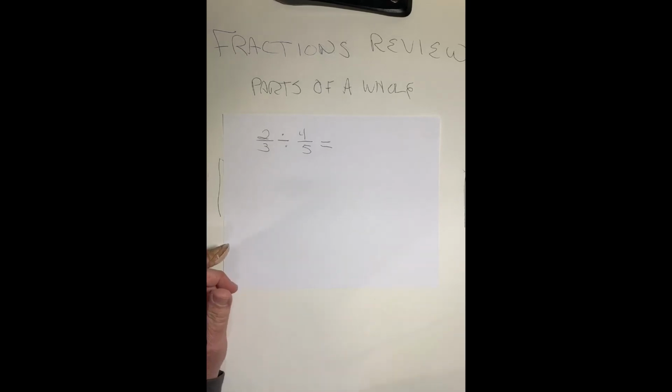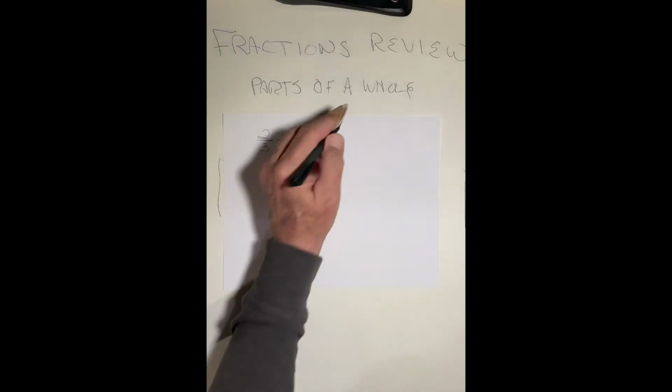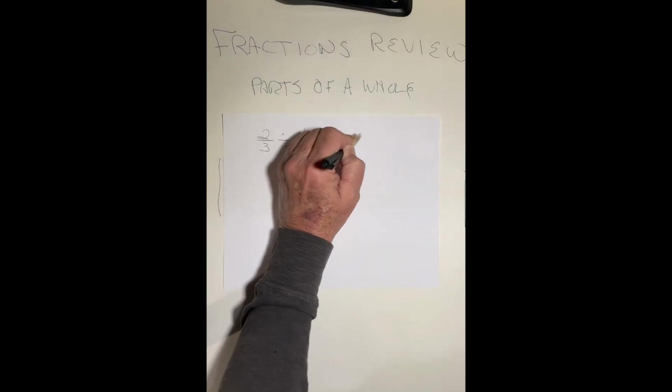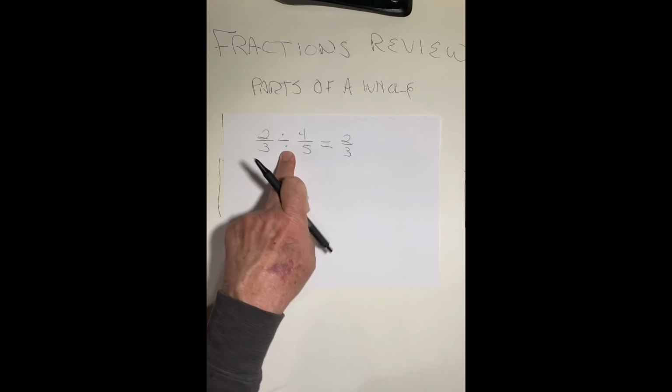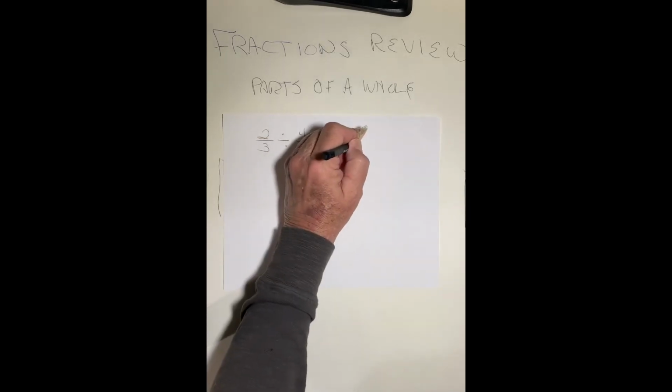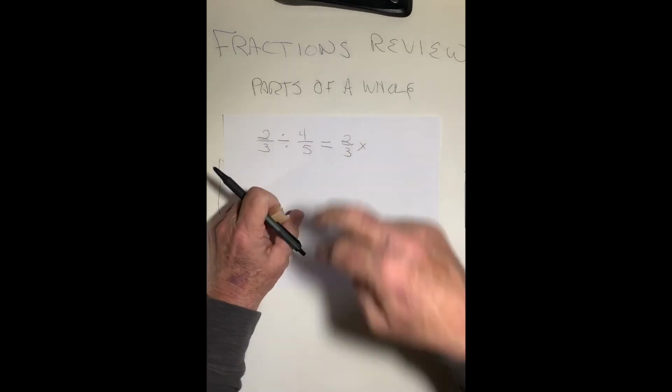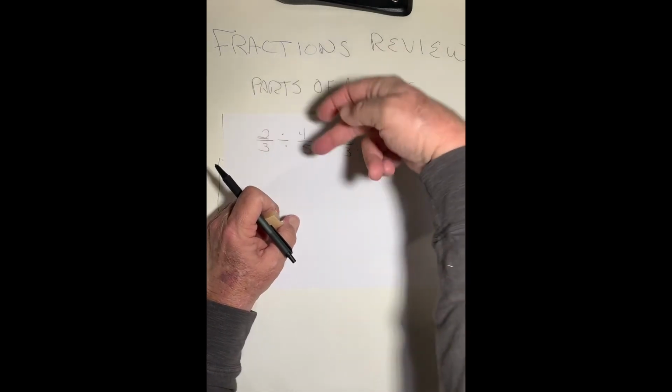This isn't just some kind of math magic, but it really isn't important that you understand how or why I can do this. What I'm going to do is take my first fraction, 2/3. I'm going to change the symbol from divide to multiply.